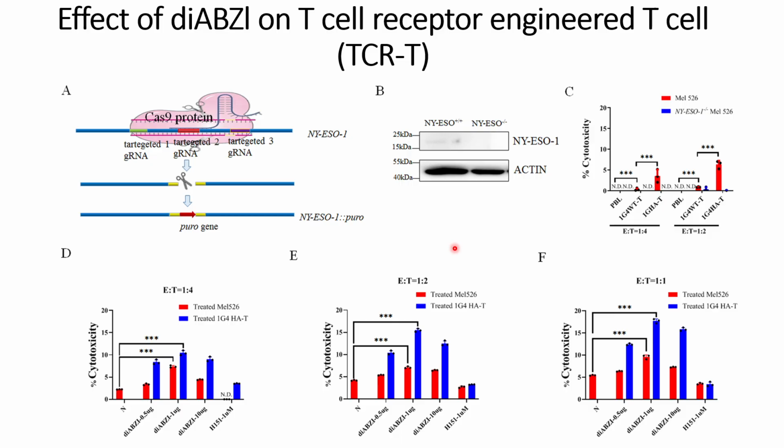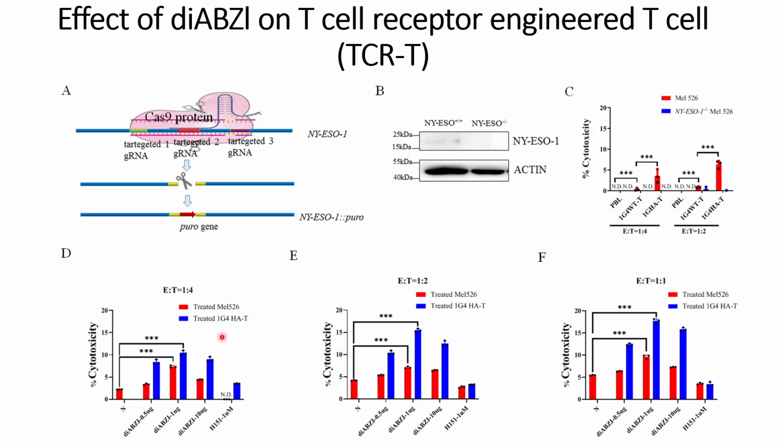If you need to understand more about their experiments, how they knocked down this NY-ESO gene, what other reagents they used for their studies, and how they validated why they have not used 1G4 wild type, you can go through the reference provided in the description.